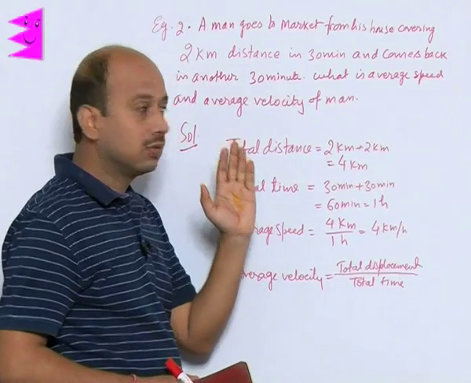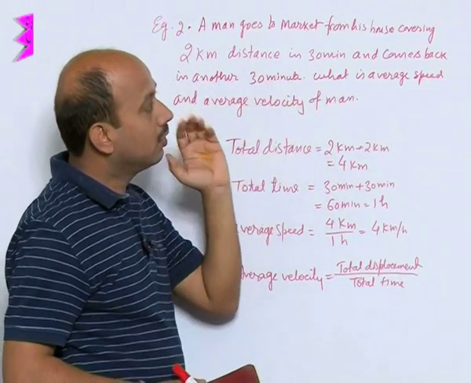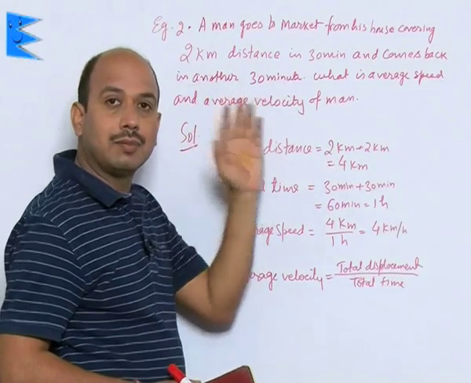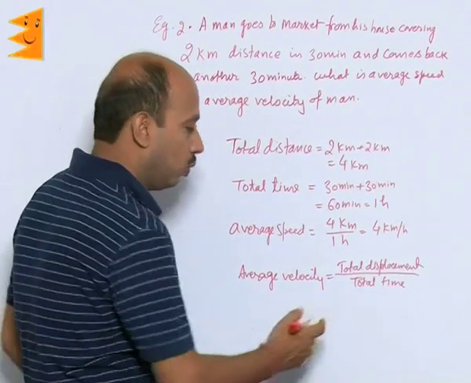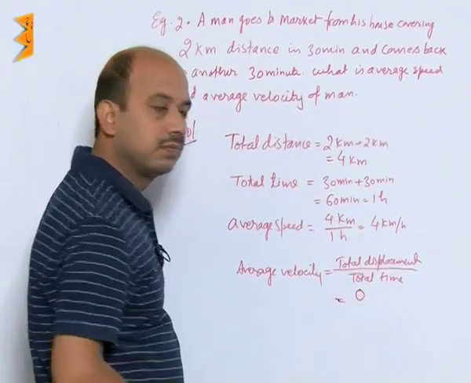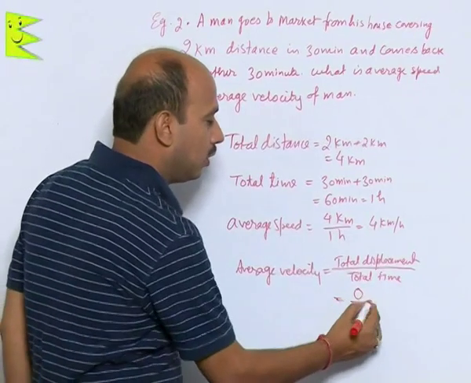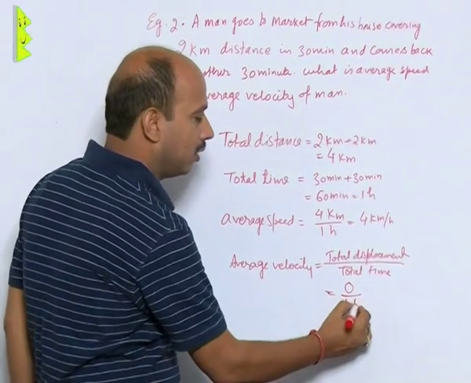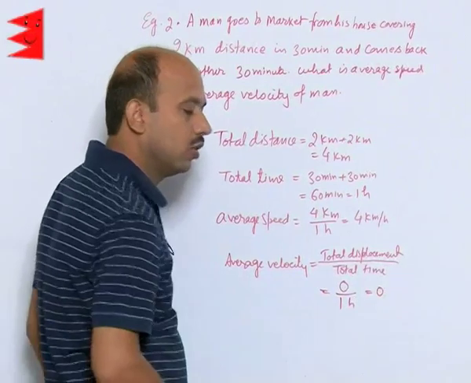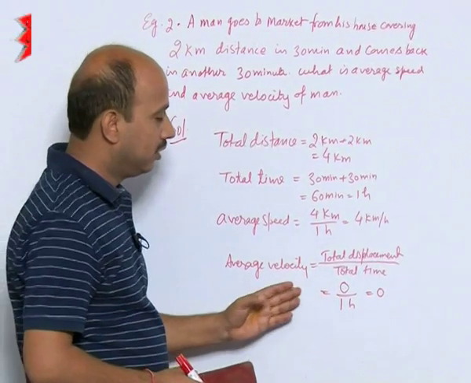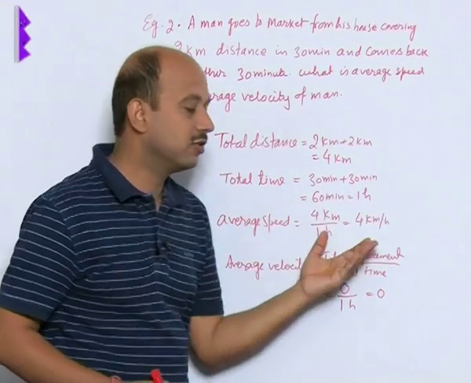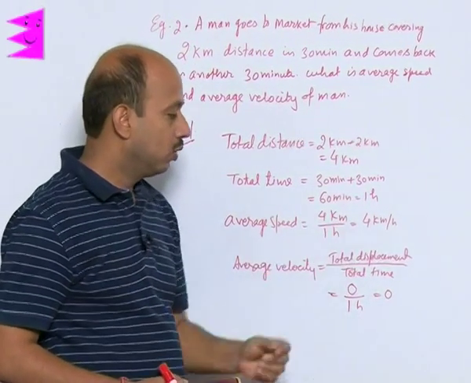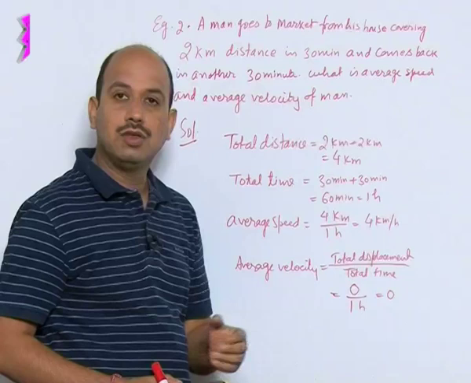A man has gone to market and is coming back, it means initial and final position is the same. So, total displacement is 0, divided by total time, 1 hour, that will be equal to 0. So, average velocity is 0. So, here is an example where average speed is non-zero, whereas average velocity is 0.